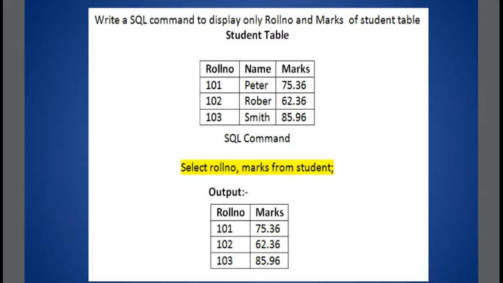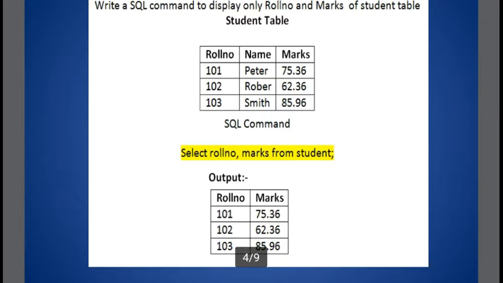Same example. The highlighted thing is our answer. SELECT which columns you want to see, roll number, comma, marks, FROM which table, student. What is the output of this code? It will select only the roll number column and marks column.